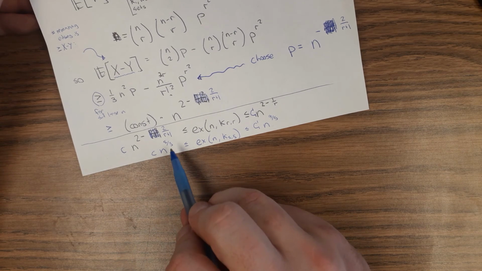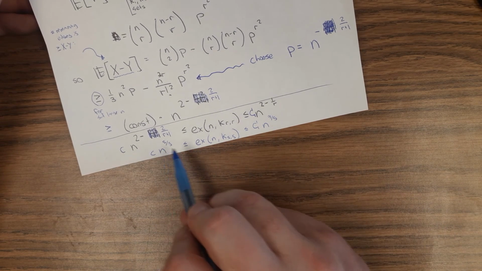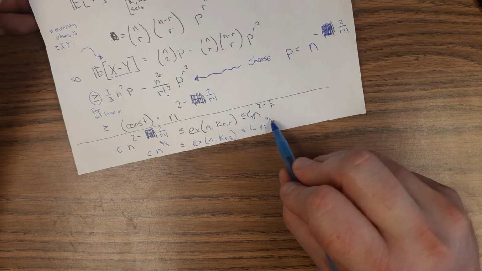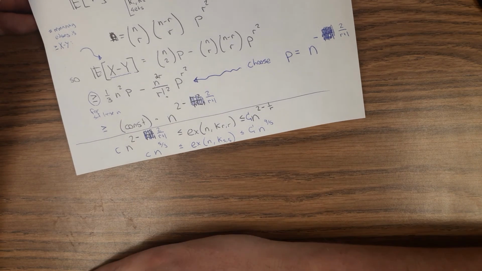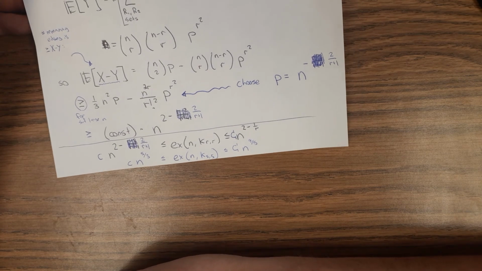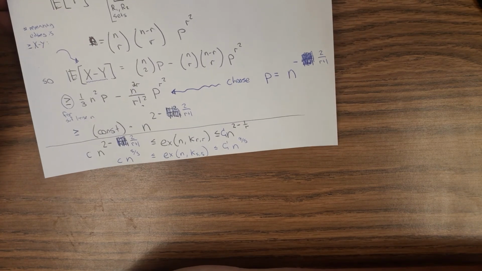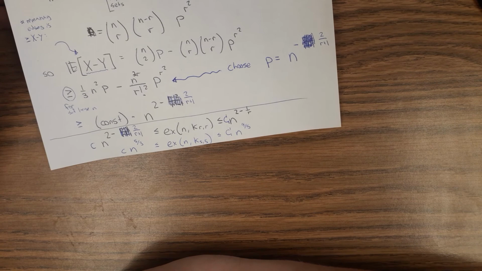So they're not too far off, but they do disagree. And n to the 1.8 grows much faster than n to the 1.666, right? So in a sense, this is still wide open.